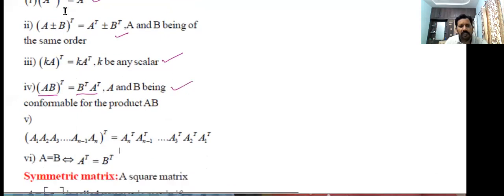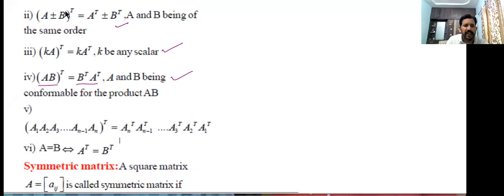See here, AB whole transpose means we write B transpose A transpose. That means reverse order. Here also the same: An transpose, An minus 1 transpose, and so on. Finally, A1 transpose, written in reverse order.